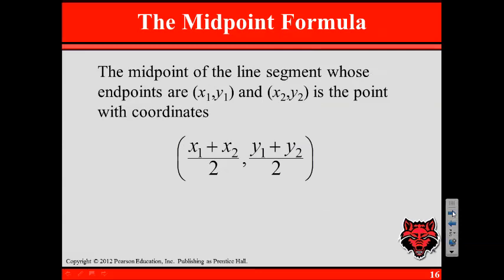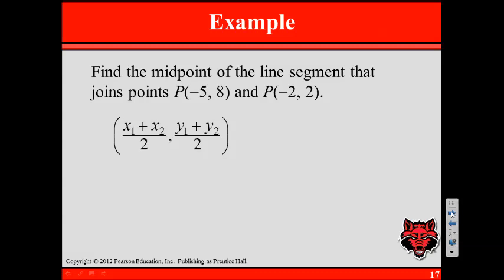This is the midpoint formula, and the midpoint of the line segment is the point directly in the middle. We're given the endpoints, and essentially we're averaging the x coordinates and averaging the y coordinates. So let's find the midpoint of the line segment that joins points P with coordinates -5, 8, and the second point, -2, 2.